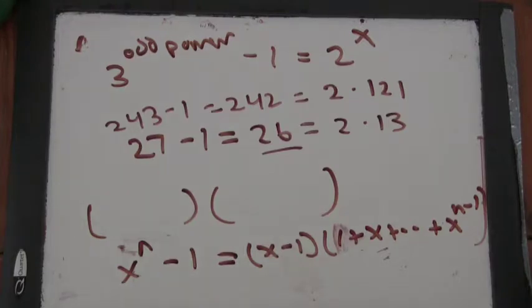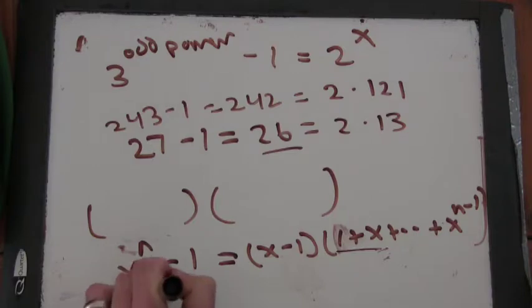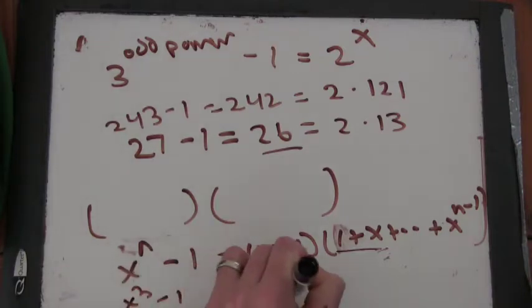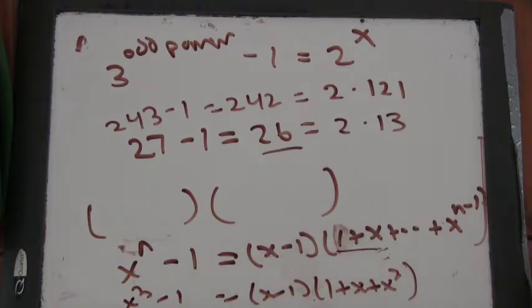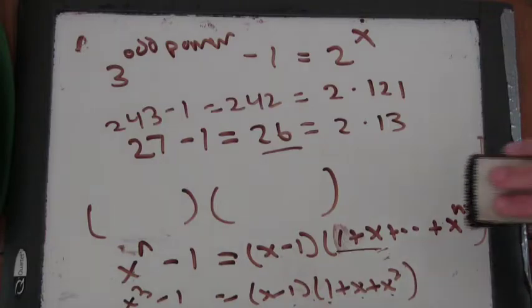So you're familiar with x squared minus 1, which is x minus 1 times x plus 1. X cubed minus 1 equals x minus 1 times 1 plus x plus x squared. And x to the 4th minus 1 is going to be x minus 1 times 1 plus x plus x squared plus x cubed.